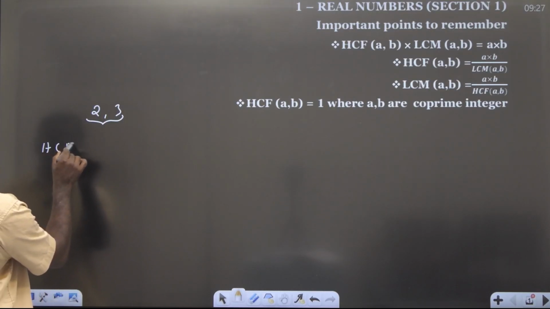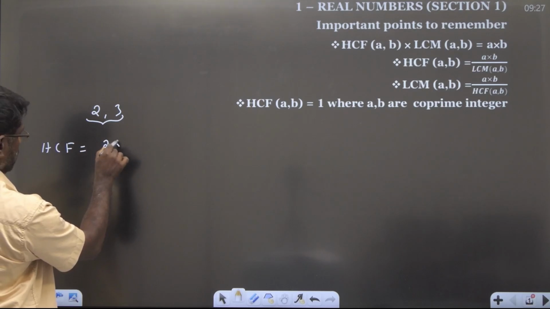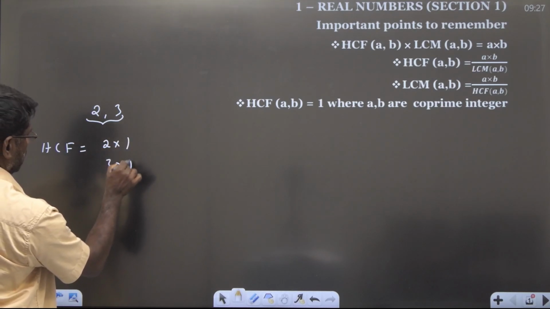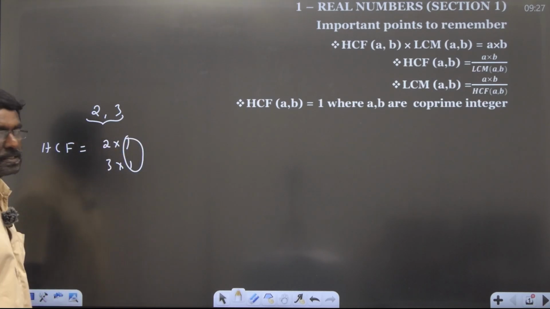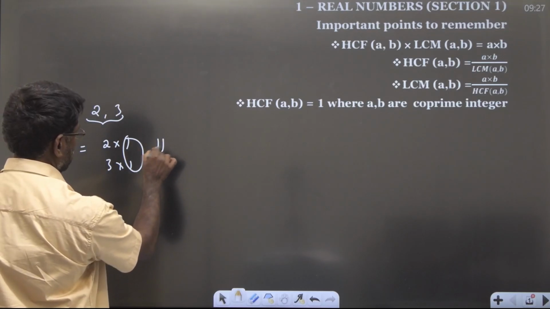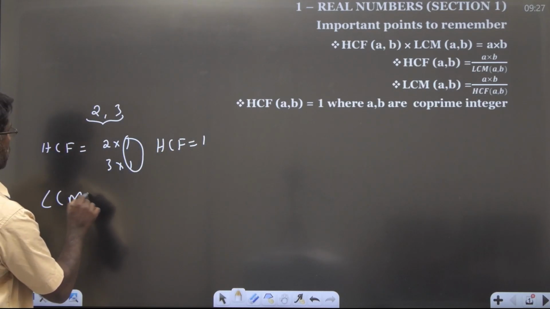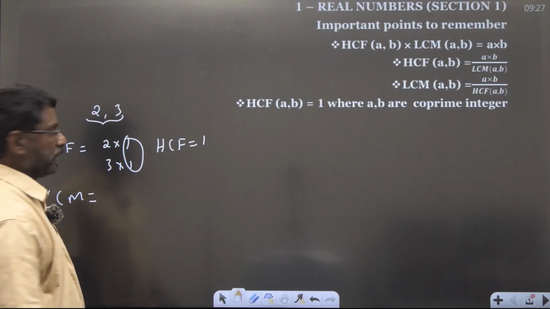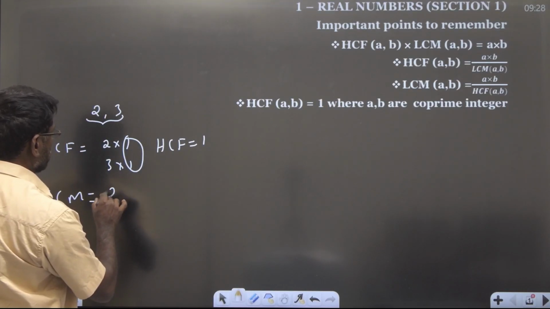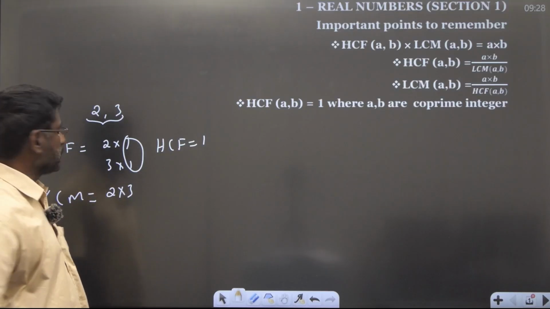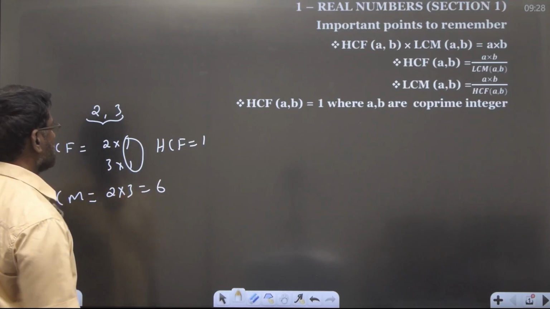HCF means highest common factor, that is 2 into 1, 3 into 1. 1 is the HCF, highest common factor. Here HCF is equal to 1. What is LCM? Both are prime numbers. For prime numbers, LCM is the product of the numbers, that is 2 into 3, that is 6, right?